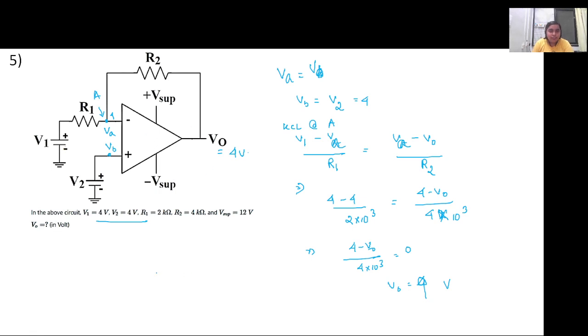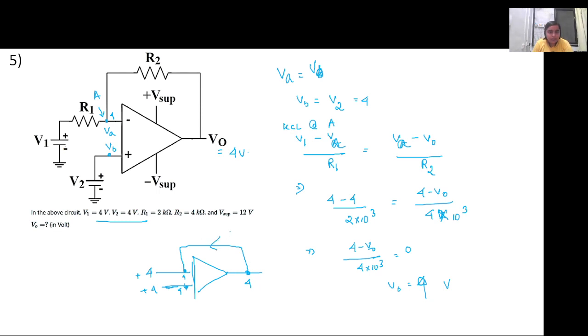Please note that suppose we had a circuit somewhat like this. Suppose we had applied plus 4 volts here, plus 4 volts here, and nothing is connected into the circuit. So this is 4 volts, this is 4 volts by definition, and since there is nothing connected here, we will get 4 volts here.